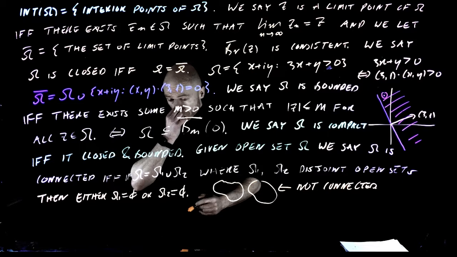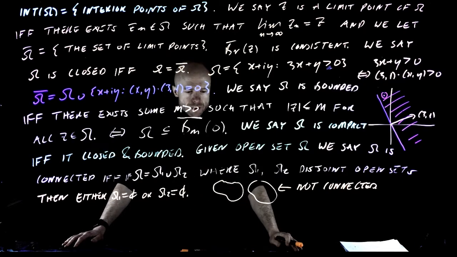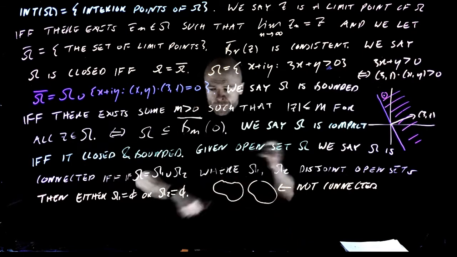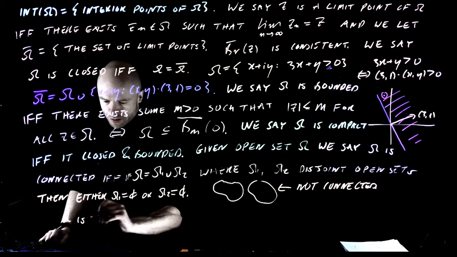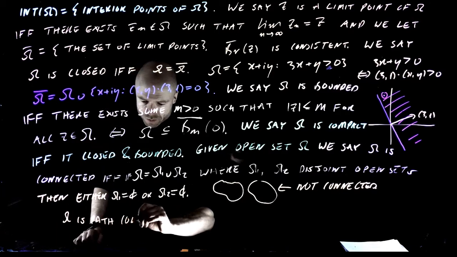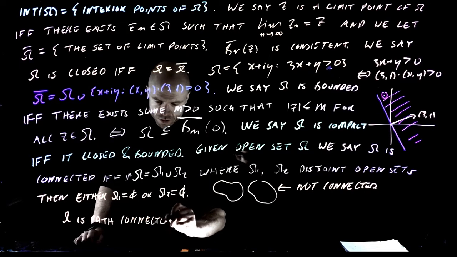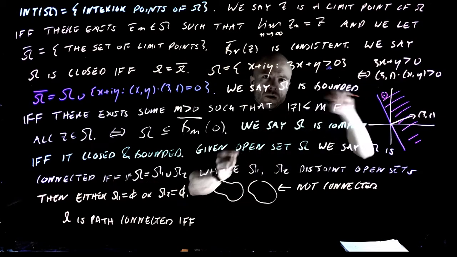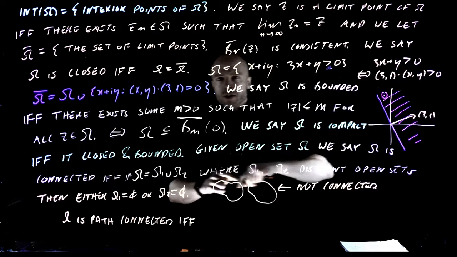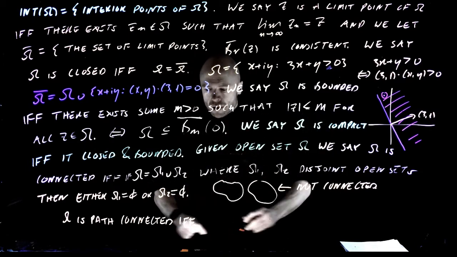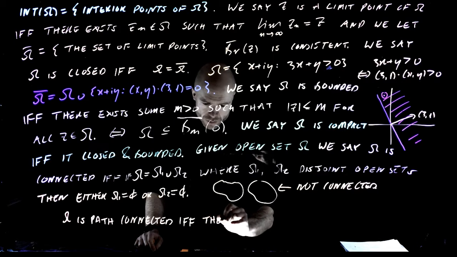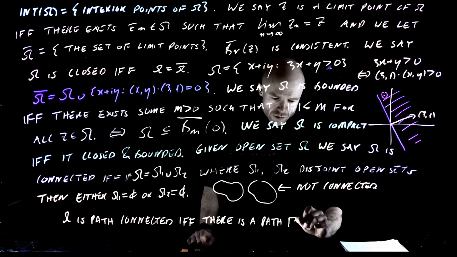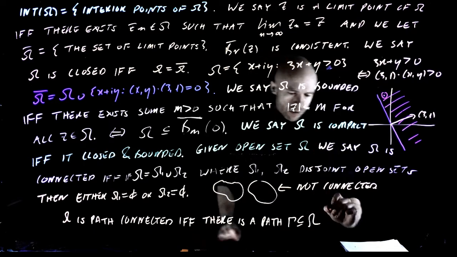And for open sets in the plane, well, for open sets in Rn, actually, this is equivalent to being path connected, which means that omega is path connected if and only if there exists a path, which is the image of a one-dimensional line segment into our set that goes through any 2 points, Z1 and Z2. That connects any 2 points.